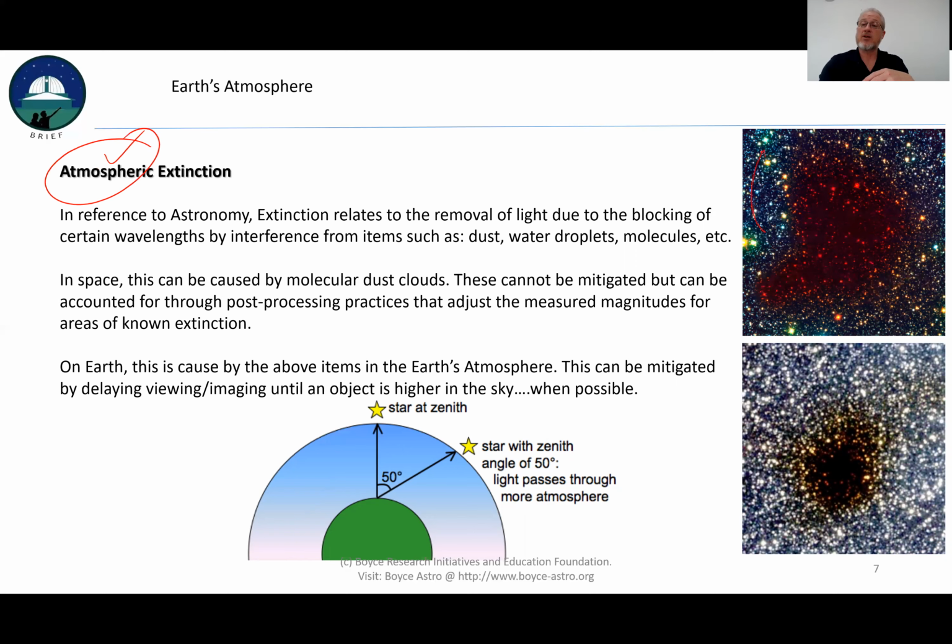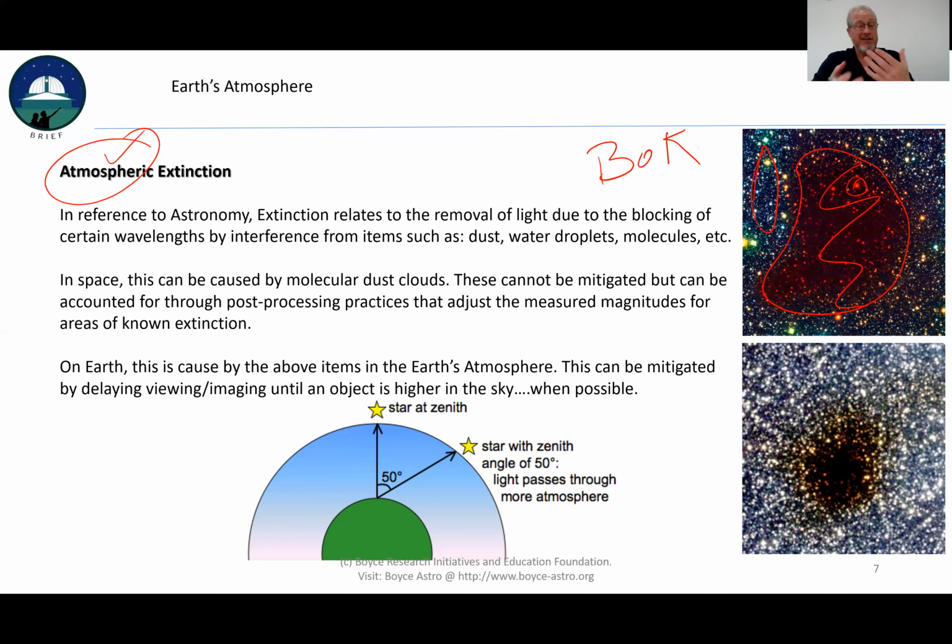You can see the star field here, but then this cloud of gas and dust called a Bok globule, B-O-K, is taking away the bluer light and turning everything red. You can measure this by knowing the spectra of these stars and understanding the visual effect due to the dust, but know that it is there and that's what it's causing.